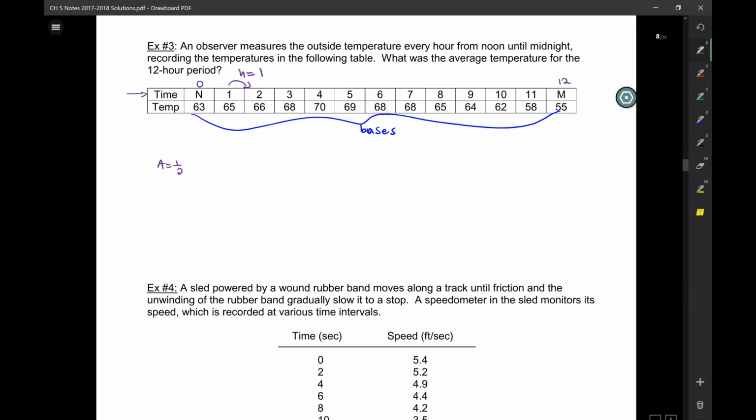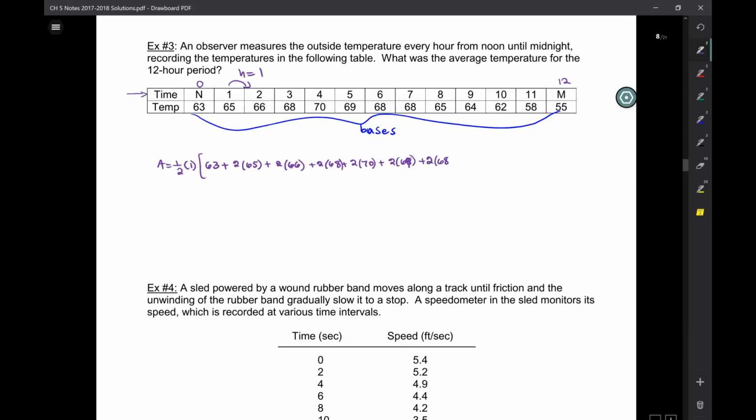So area is half times 1, and then 63 plus how many 65s? 2. And 2. It's just like doing the tables in the last lesson. 2 times 68. 2 times 70. 2 times 69.